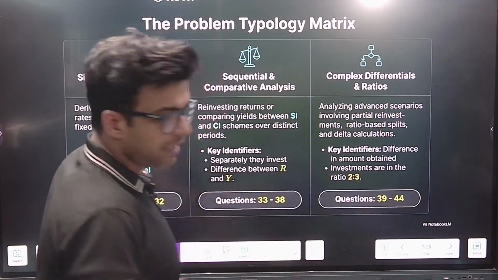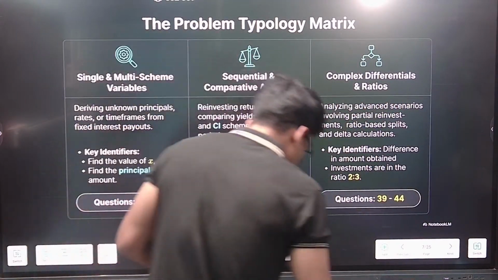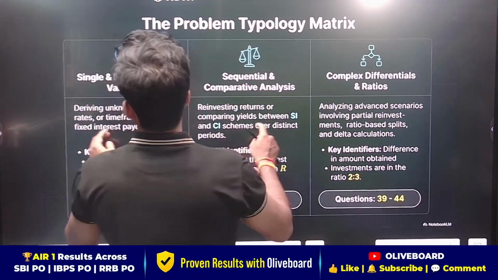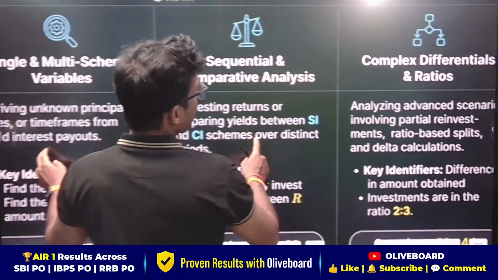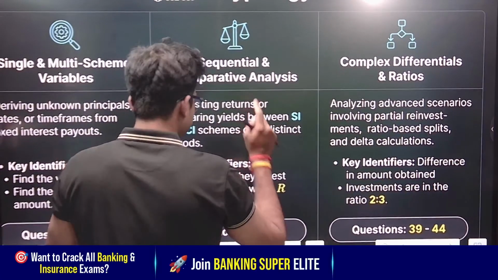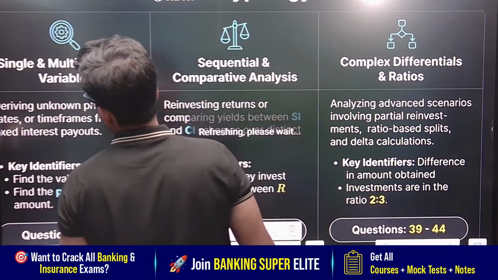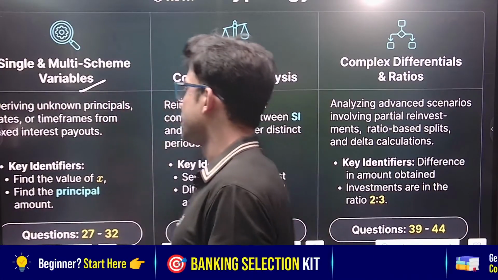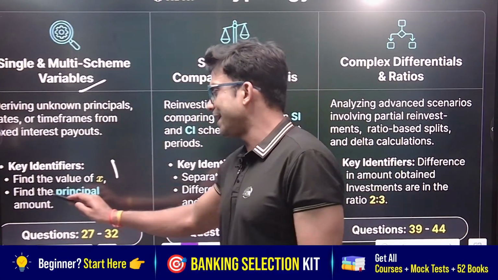Before starting the class, let me tell you what kind of questions on SI and CI they are asking in the exam. Single and multiple scheme variable questions, meaning finding the value of X or finding the principal.